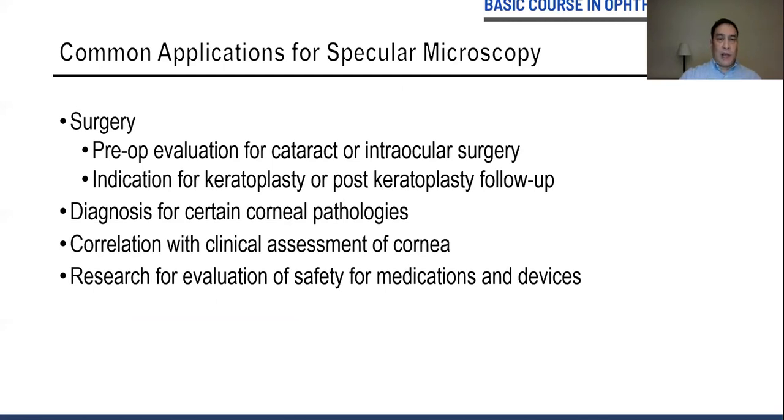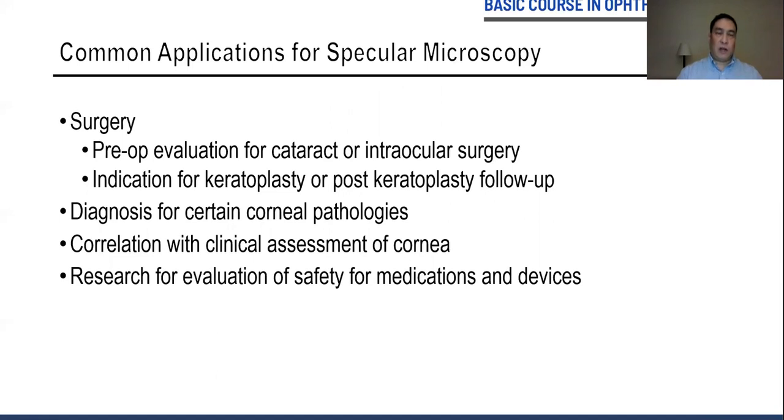So what are the common applications for specular microscopy? Well, surgery. Pre-op evaluation for cataract or intraocular surgery is a common application, especially if you use premium lenses. Usually we know that surgery will cause a drop in endothelial cell count.